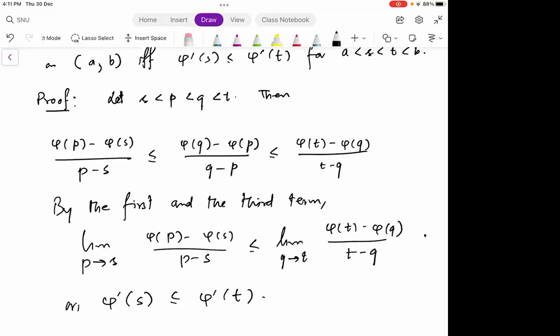That's what I wanted. And then you let Q go to T and P go to S, and you know the limit exists because the function is given to be differentiable and you are done.